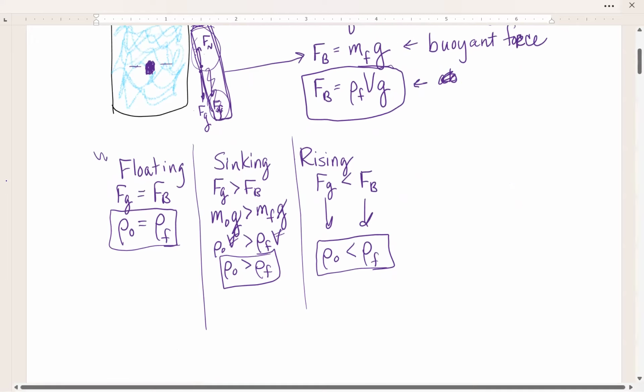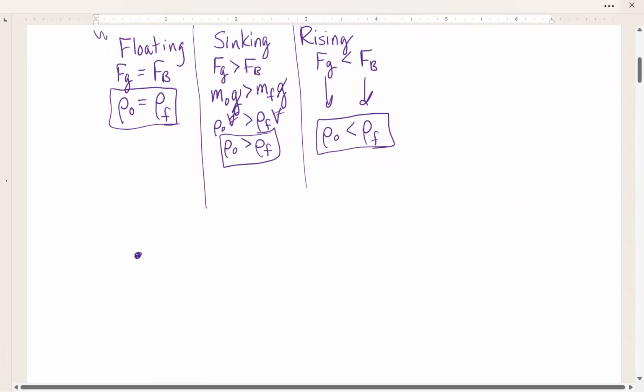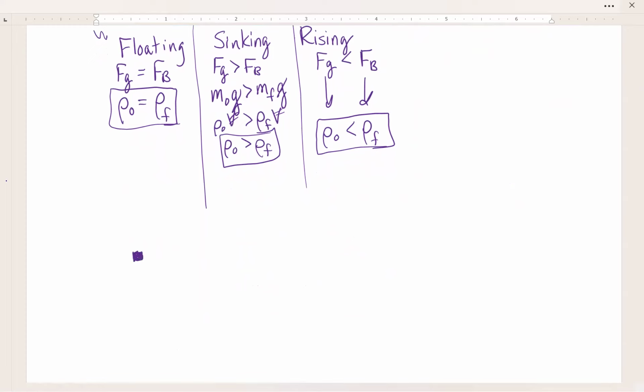So let's look at that free body diagram. I've got my little object in here. I want to know the net weight, so I want to know the apparent weight of my object.